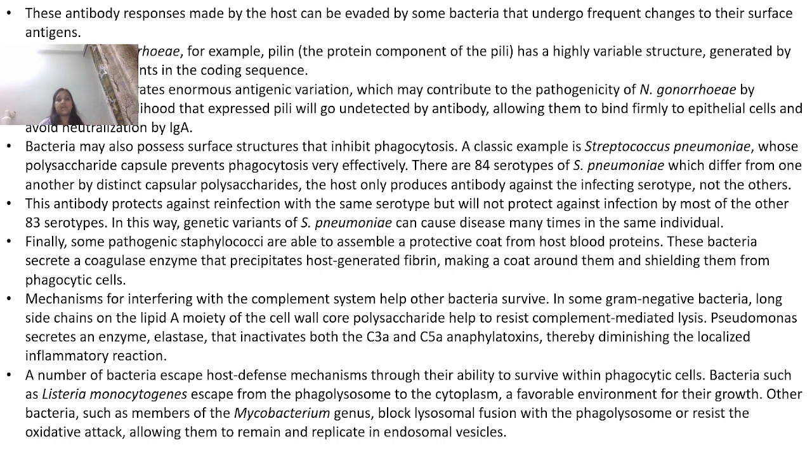But what Staphylococcus is doing is synthesizing one enzyme, coagulase, which will precipitate the fibrin generated by the host. Fibrin is a blood protein which helps in the clotting procedure. They secrete that enzyme, which precipitates the host fibrin, and that fibrin makes a coat around them, shielding them from the phagocytic cells.